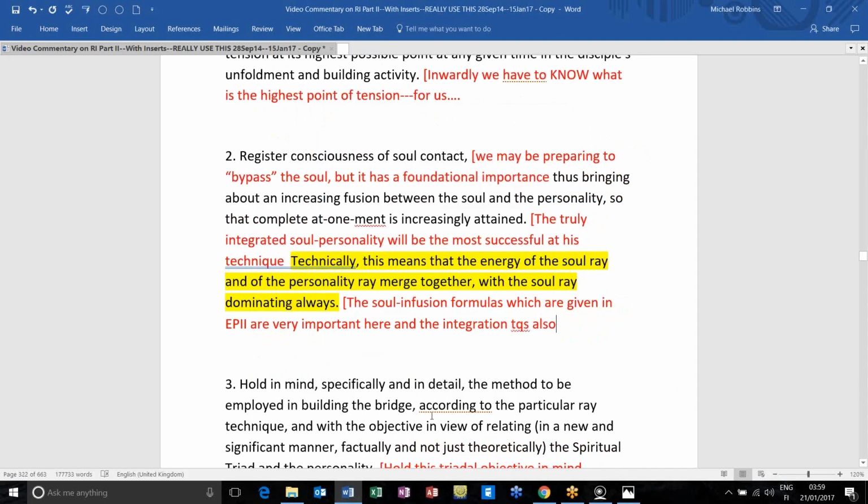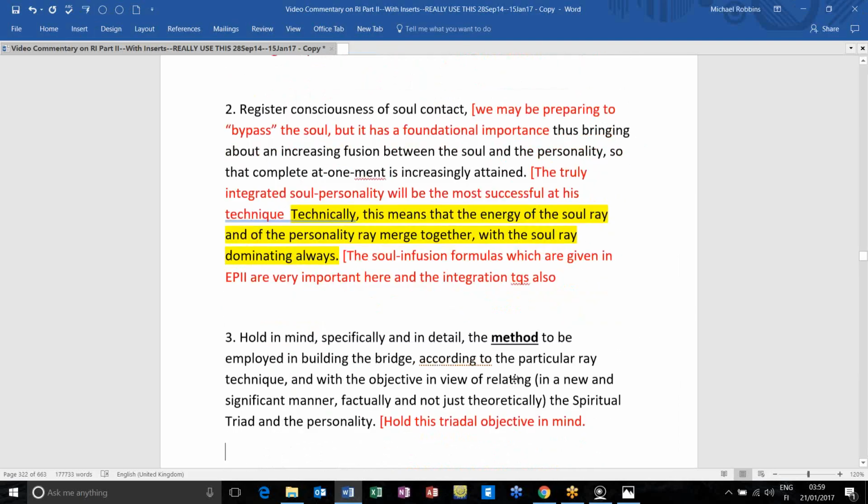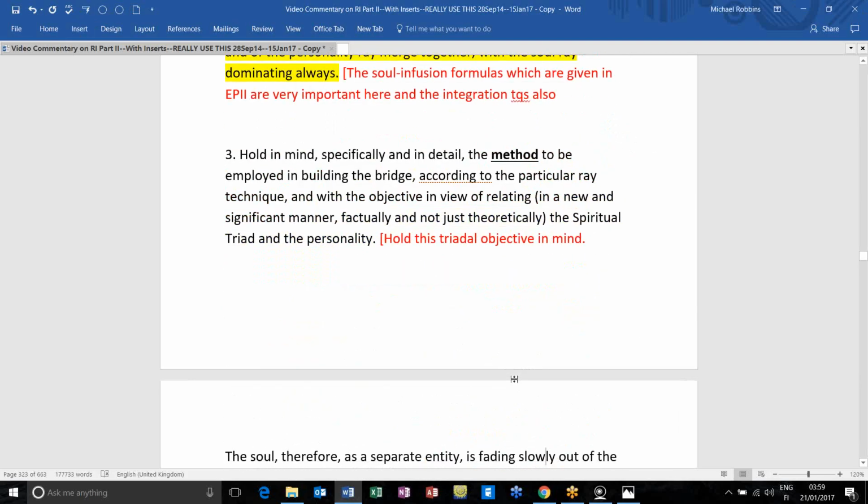And then the process. The method has to be held in mind with the idea that the spiritual triad will be related more closely to the personality. This is the objective, but it requires soul infusion for success.